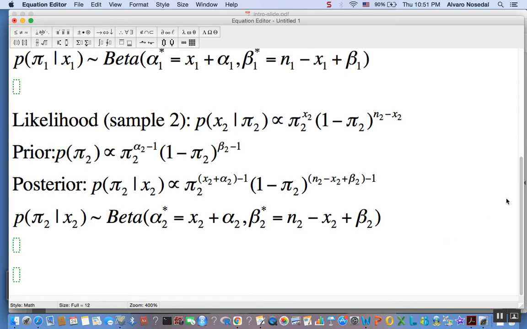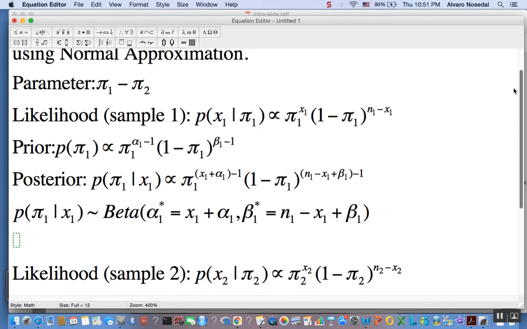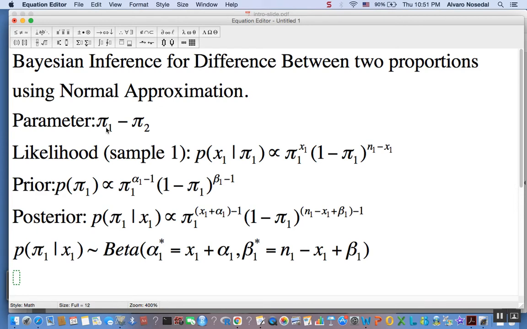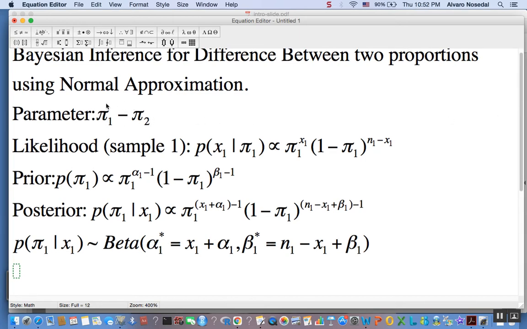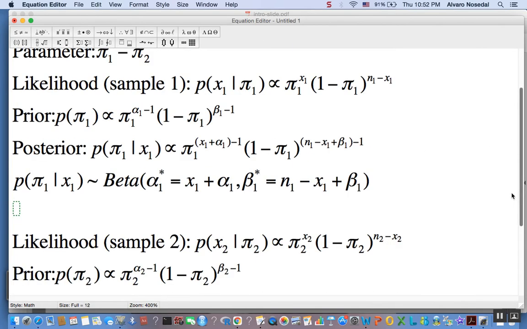But remember, we would like to say something about that parameter, pi1 minus pi2, right? So from a Bayesian perspective, what we need to do is find the posterior distribution of pi1 minus pi2 given these two samples, sample 1 and sample 2.